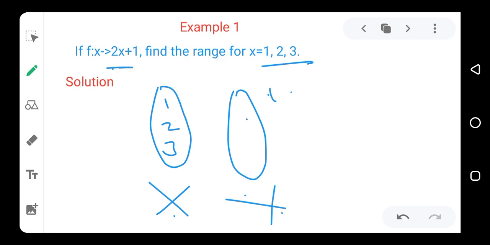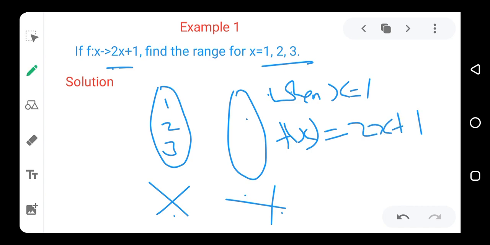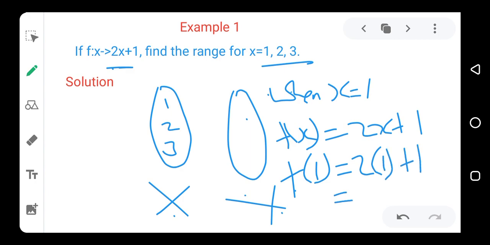For when x is equal to 1, then we know that f of x in this expression is equal to 2x plus 1, and that means that f of 1 is now going to be 2 bracket 1 plus 1, which is equal to 2 plus 1, which is equal to 3.